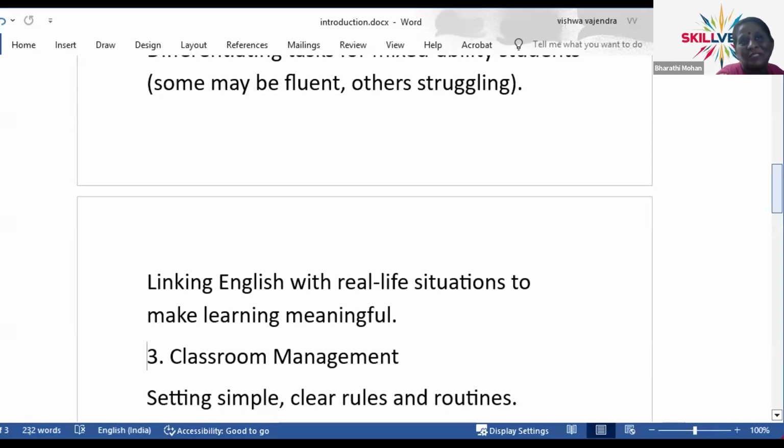Any special things which you have seen, or any things where you have found it difficult? Any issues you faced in classroom management, or something that really worked and you would like to share? Yes?